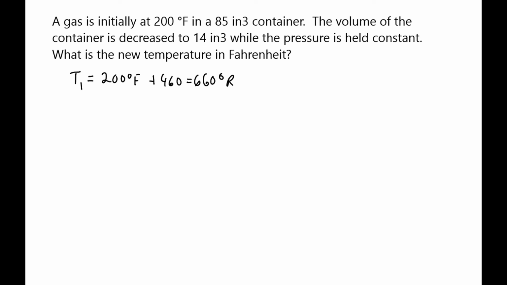So I do volume over temperature equals volume over temperature. So volume 1 is 85 inches cubed over 660 Rankine equals 14 inches cubed over temperature 2. And what do we get for temperature 2?